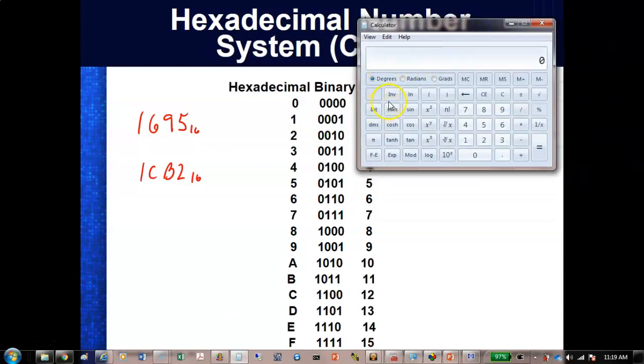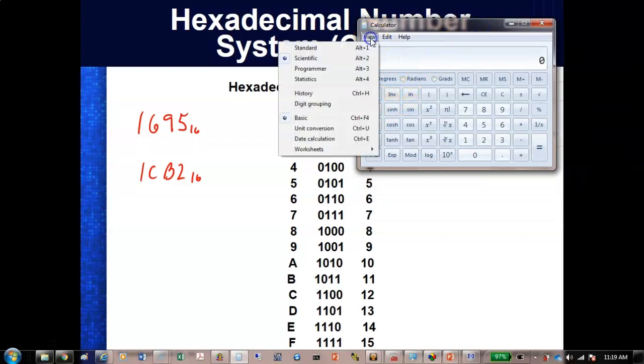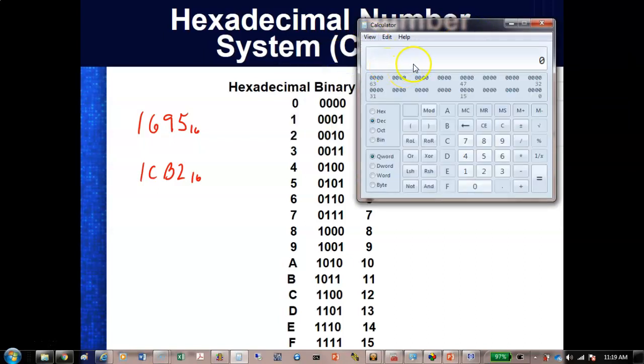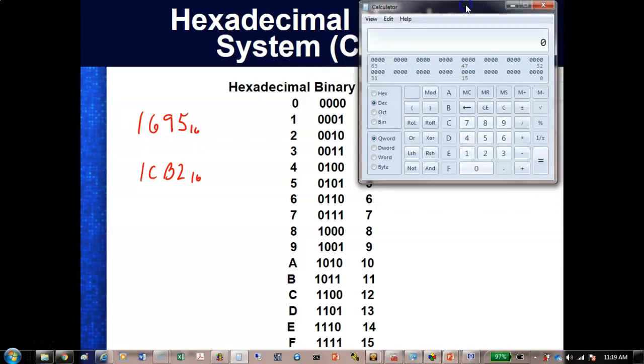You go to View, switch it over to Programmer's Calculator, and this brings up your bases. So I'm going to do this in hexadecimal, and then I'm going to come up and say 1695, and I've got it in hexadecimal.